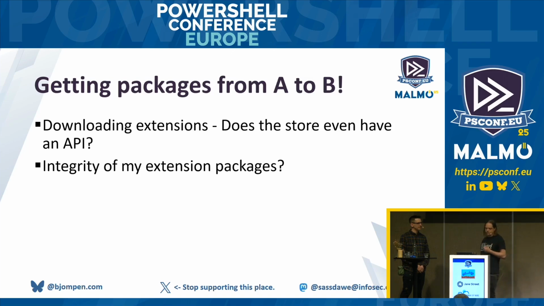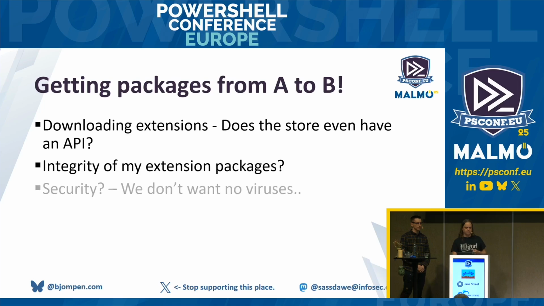So we probably want to verify the integrity of these packages that we download. And we want to apply some security, like run it through a virus scanner or do some static and dynamic code checks over extensions, whatever we can build in security-wise and say that, okay, I download it, but if it contains a virus, toss it away.